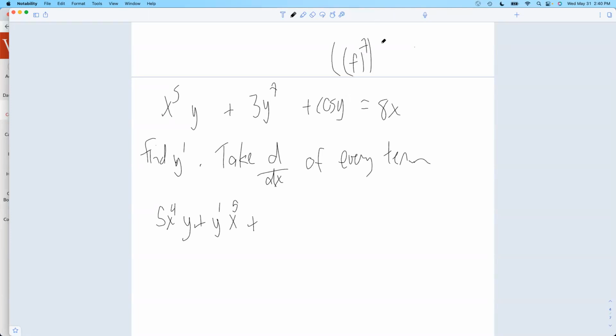That guy's derivative would be 7 times, leave the inside alone, to the 6th, times the derivative of the inside. So 7 times 3 will be 21, and I wrote 31. 21 y to the 6th times the derivative of the inside. Every time you see a y, you're going to pick up a y prime.